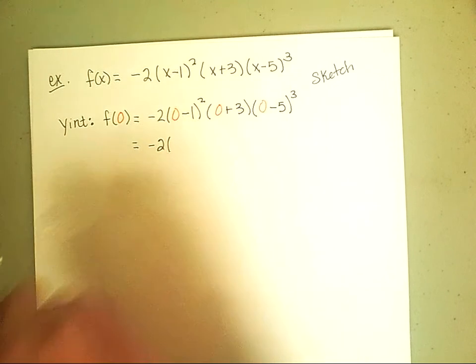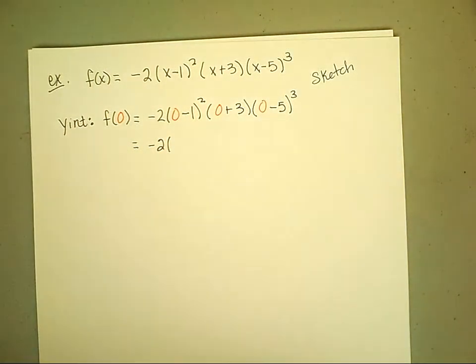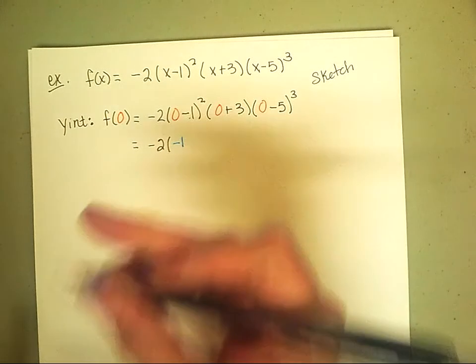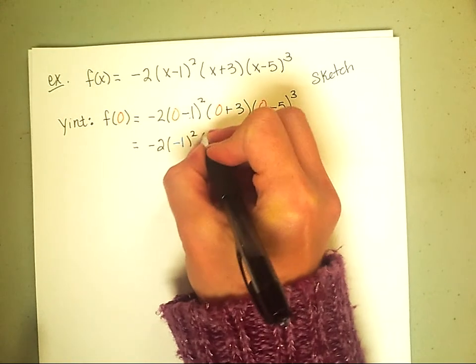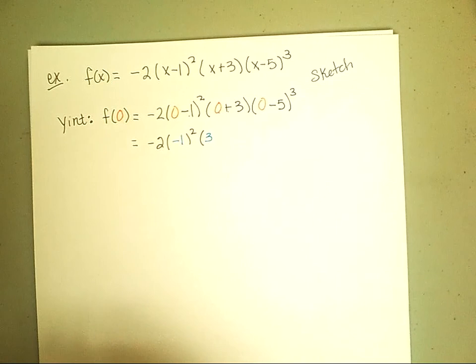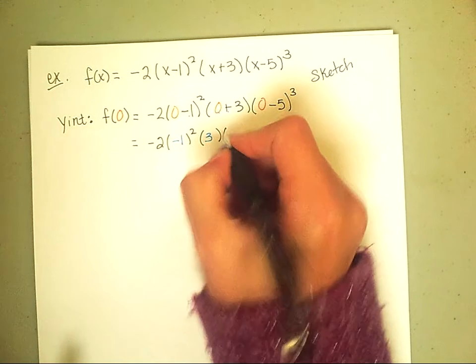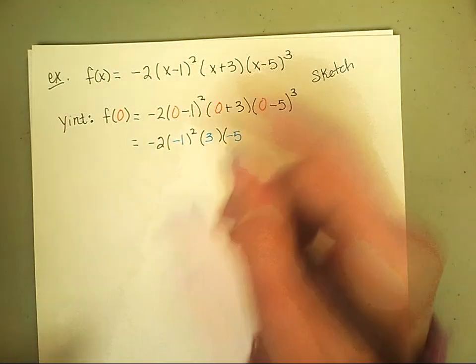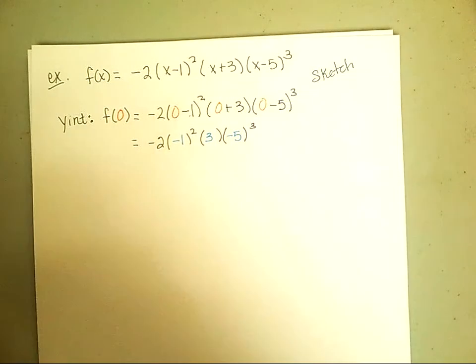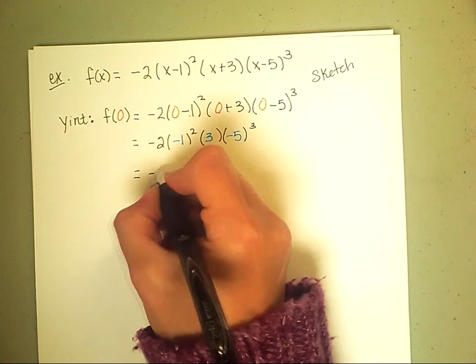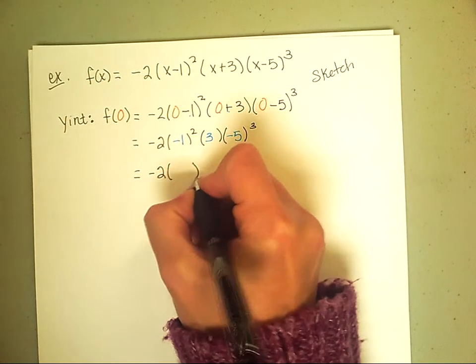And now we can simplify, working inside the parentheses. 0 minus 1 is minus 1, that's going to be squared. 0 plus 3 is 3. And then 0 minus 5 is minus 5, and it's going to be cubed. Okay, let's start simplifying.